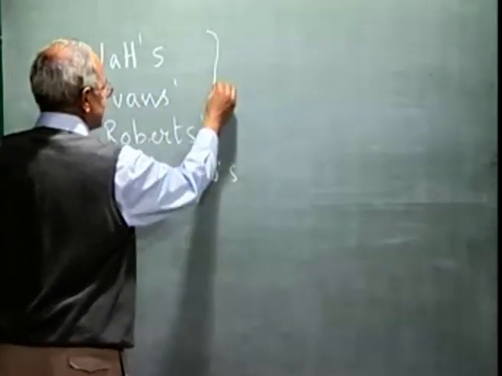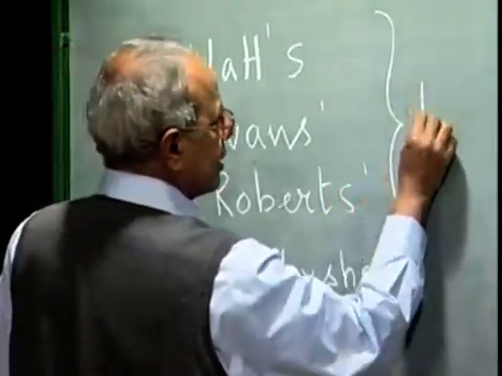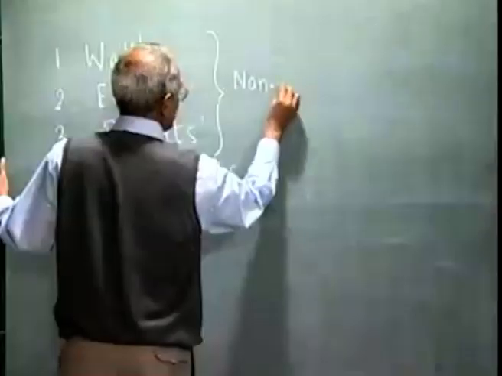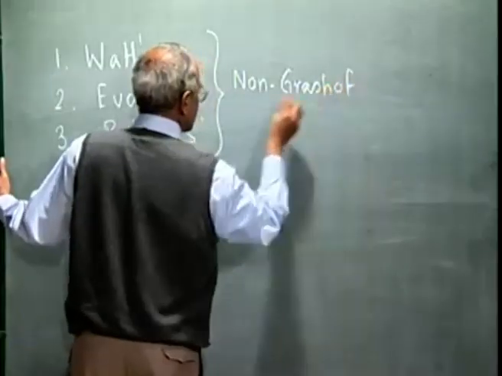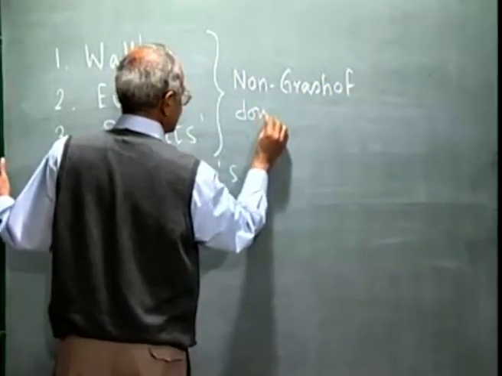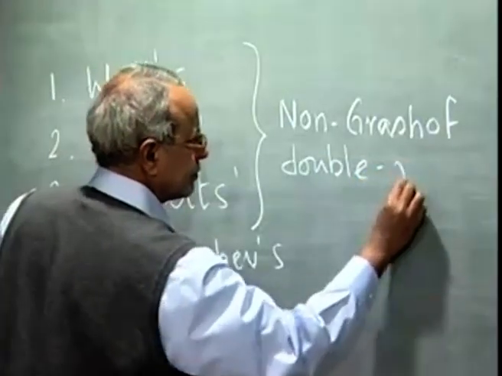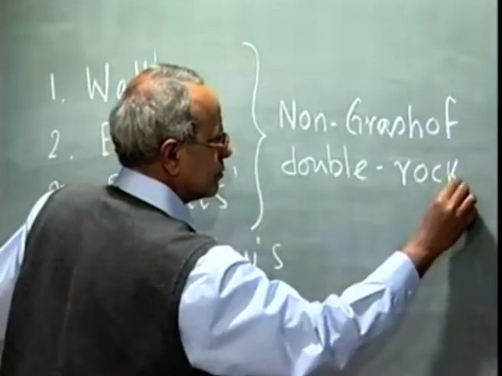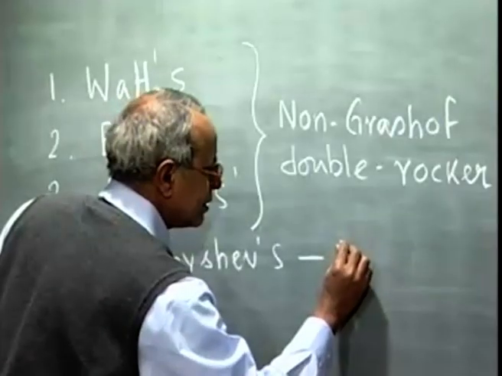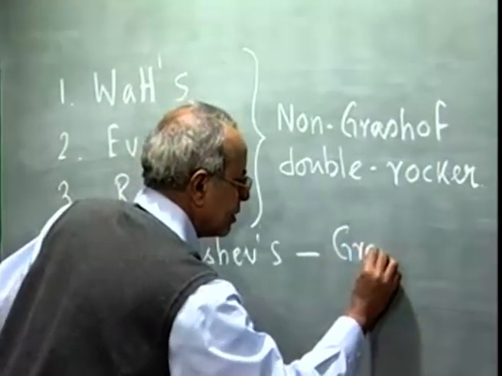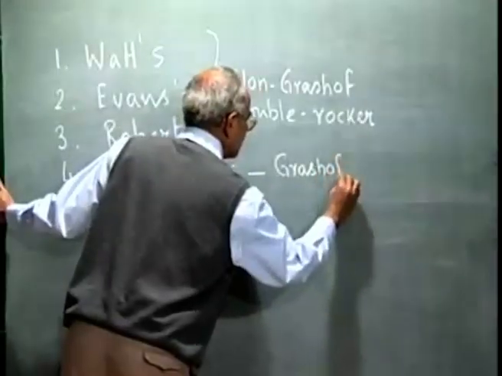Out of these, 3 were non-Grashof double rockers, and this one was a Grashof double rocker.